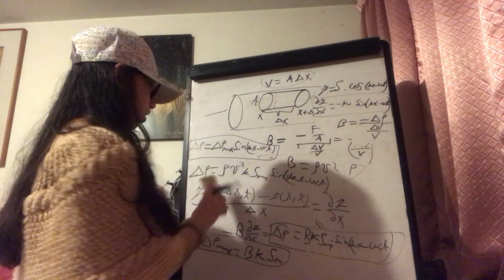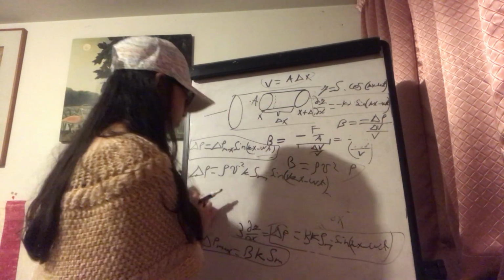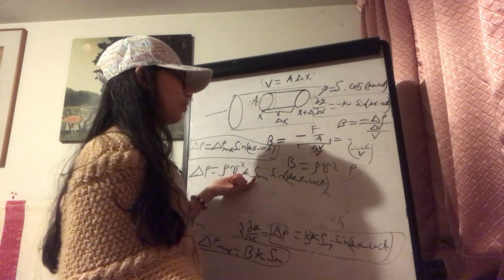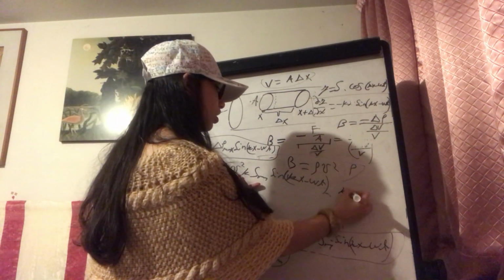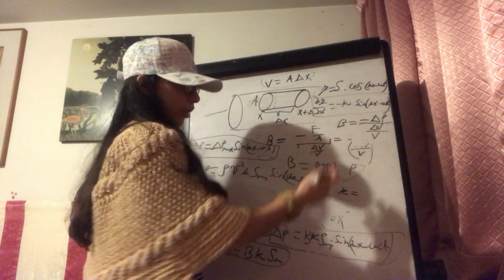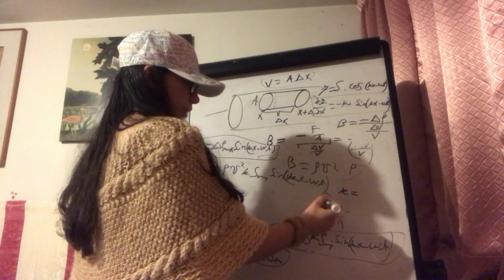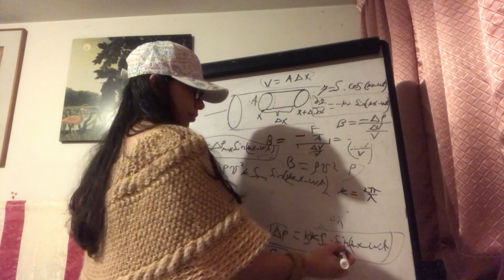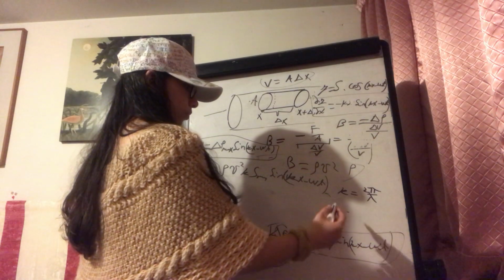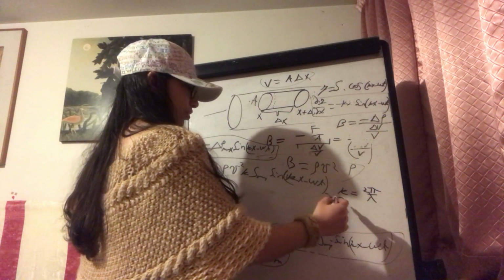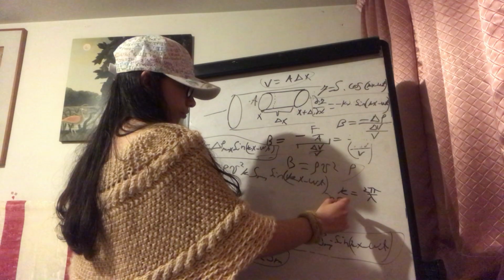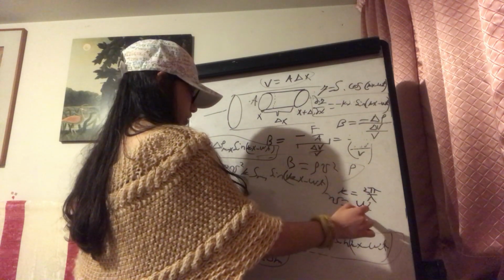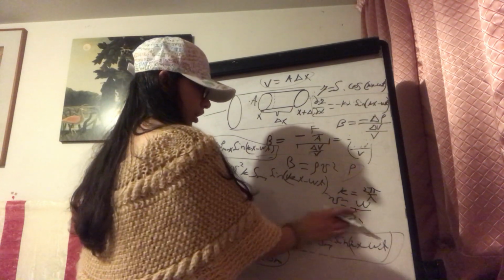Now remember that k is the wave number, so k is equal to 2 pi over lambda. But also, recall that velocity is equal to the angular frequency omega divided by k.